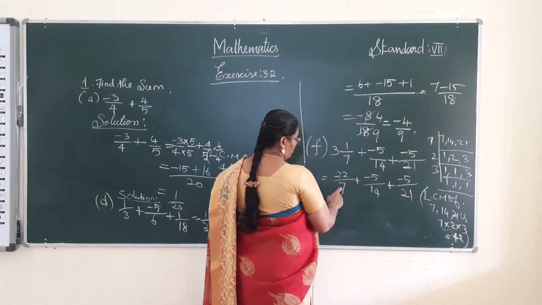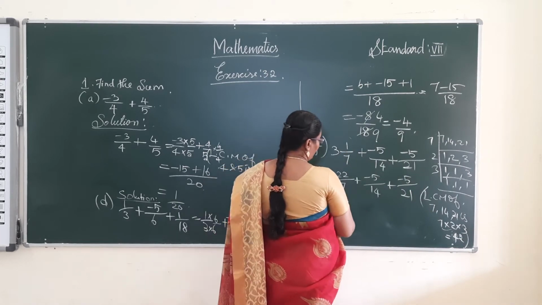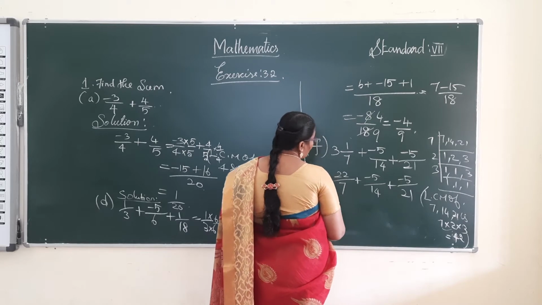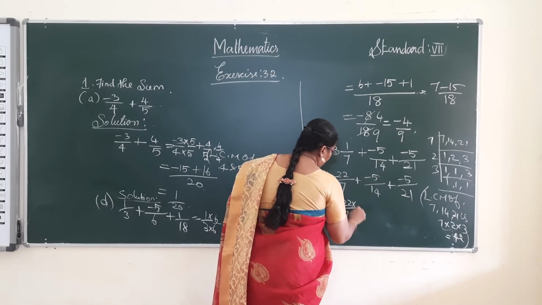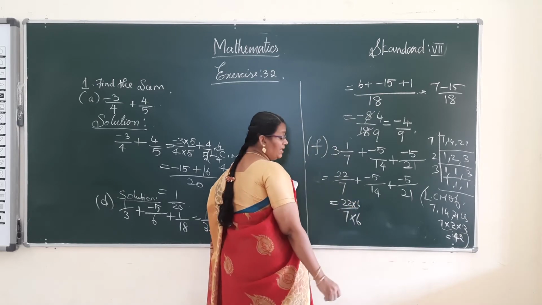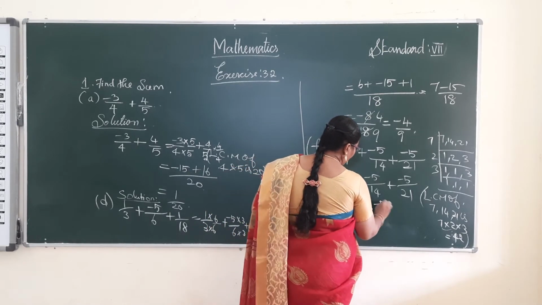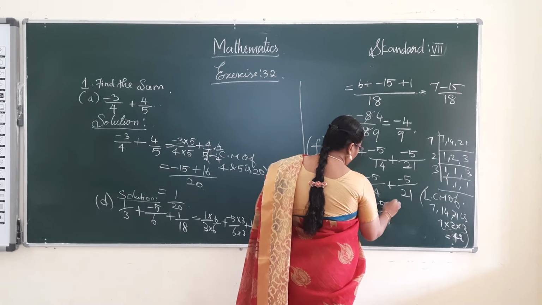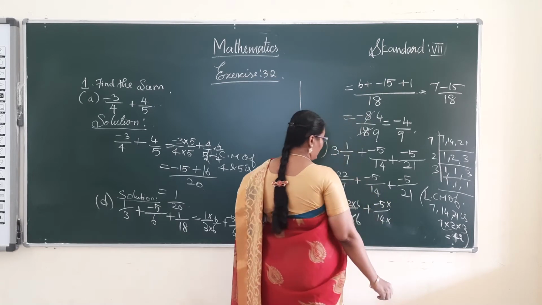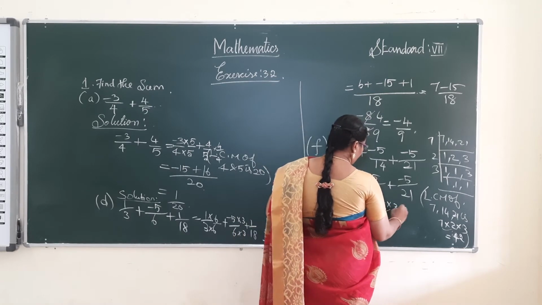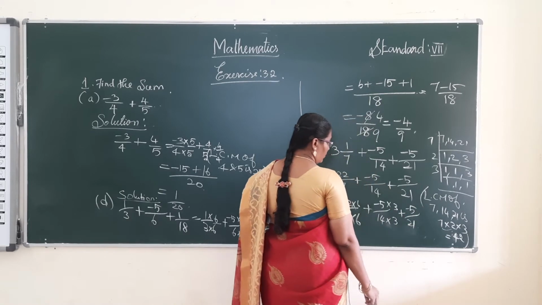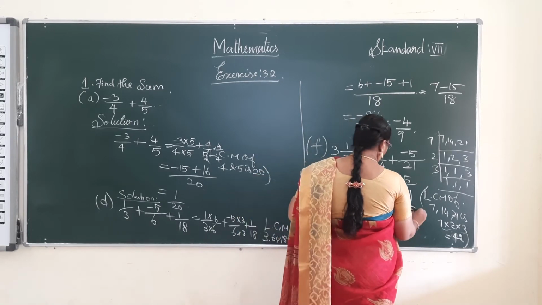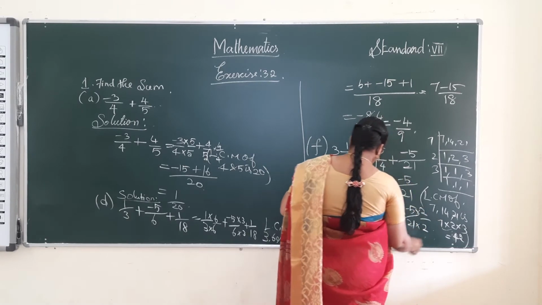Now, which number multiplied with the denominator gives 42? 6 times. So multiply 22 numerator and denominator by 6. Minus 5 by 14: 14 3s are 42, so multiply by 3. Then minus 5 by 21: multiply by 2.